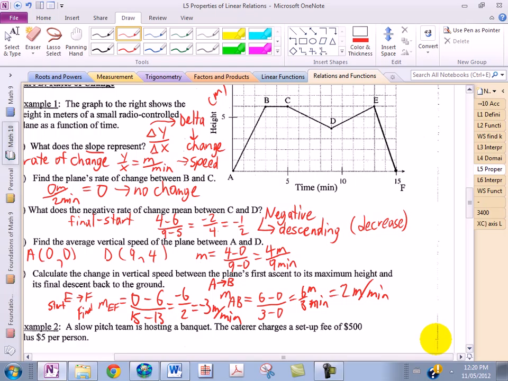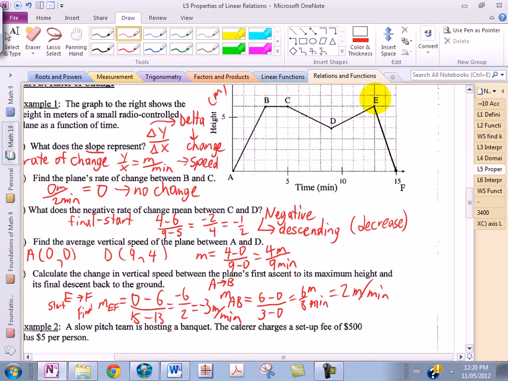Yeah, like from C to D, we would have point D minus point C, because D was the final spot. We're trying to find the speed, we're finding the slope. You can do that for everything, for sure. But sometimes we might tell you the values and not give you the graph. That's pretty rare.